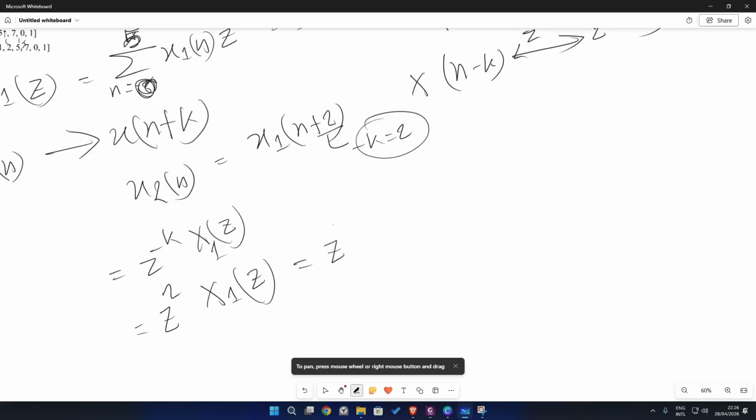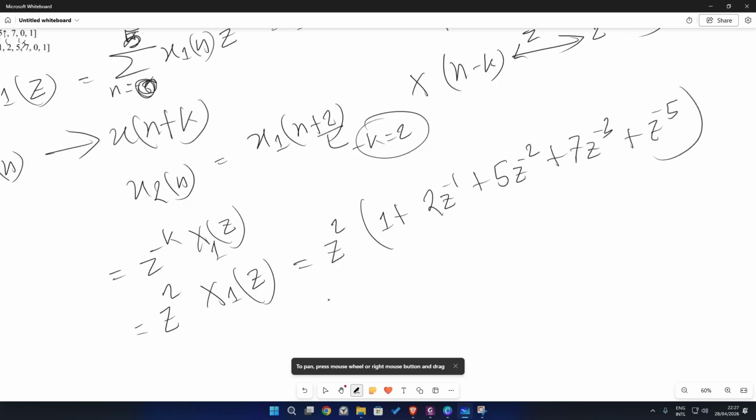If we write out the values of X1(z), they were 1 plus 2z inverse, 5z inverse 2, 7z inverse cube, z inverse 5. If you simply multiply it, the answer will be z squared, 2z, 5, 7z minus 1, z minus 3.